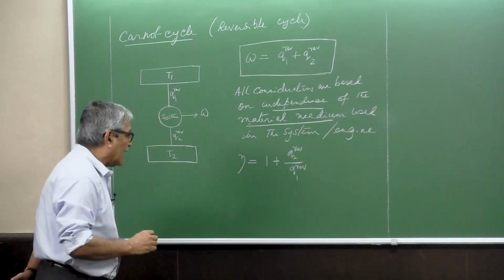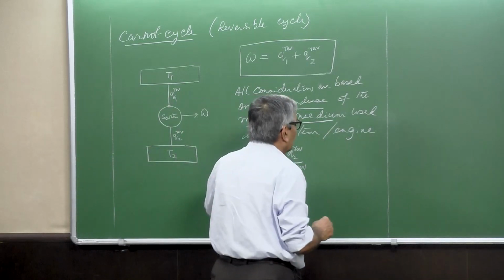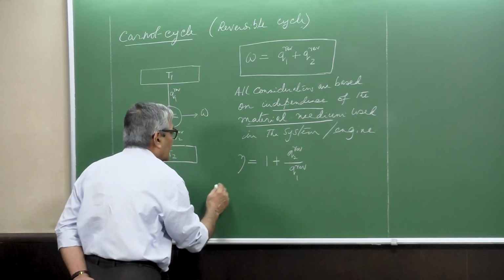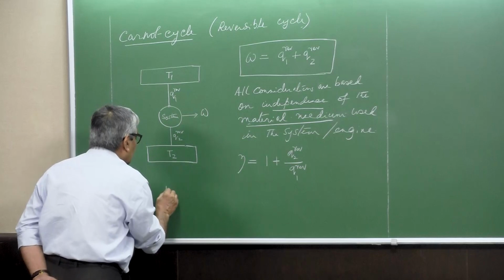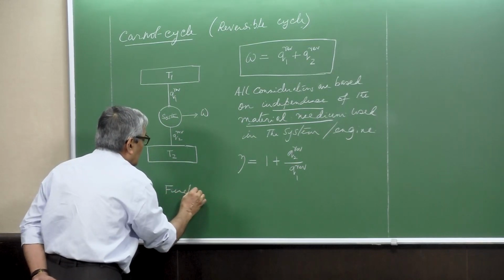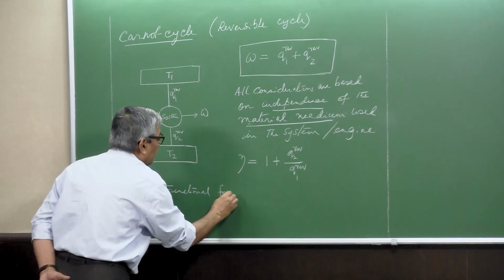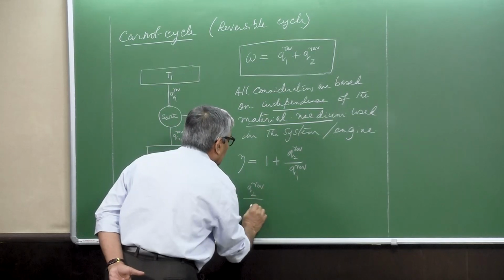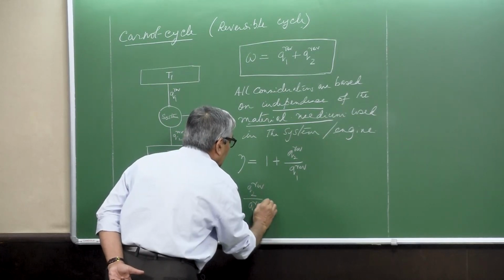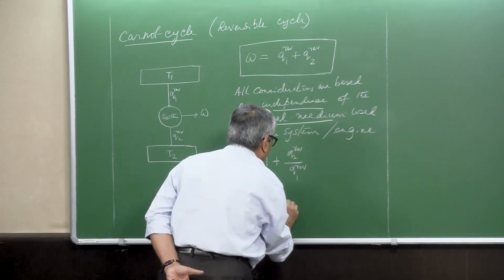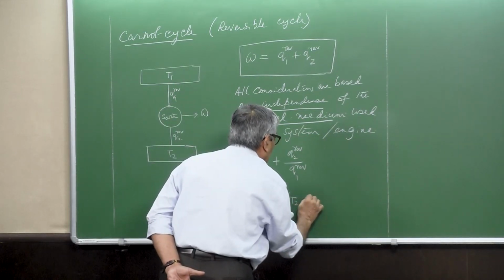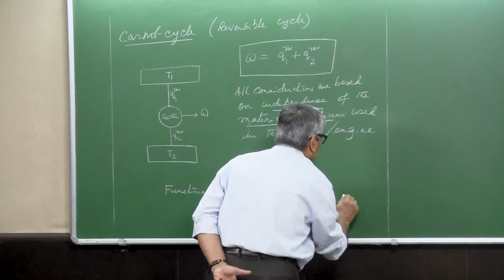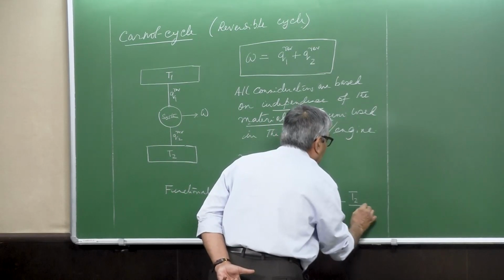We also showed that Q1 and Q2 have opposite signs, and furthermore we had the functional form of Q2 reversible divided by Q1 reversible, which is basically minus T2 by T1.